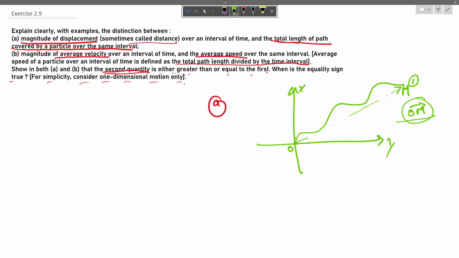So when we talk about the displacement vector OM, it has a magnitude, that is the shortest distance between O and M, and a direction, which tells us at what angle, with reference to a coordinate system, the particle is, or in which direction the particle is heading.